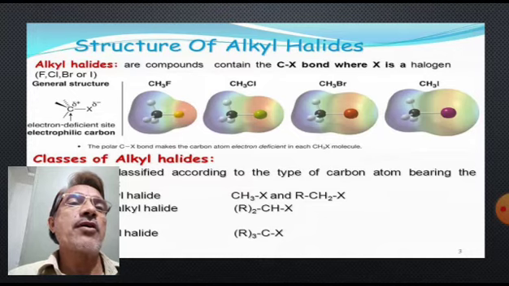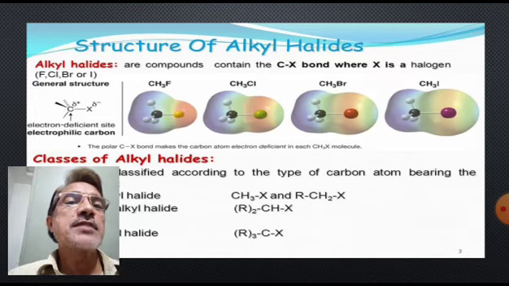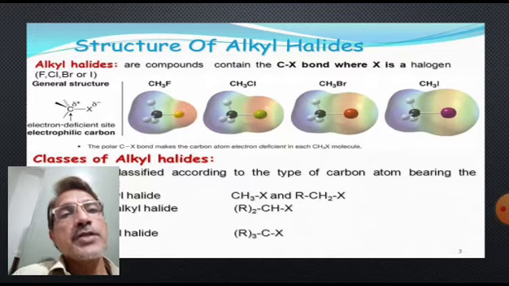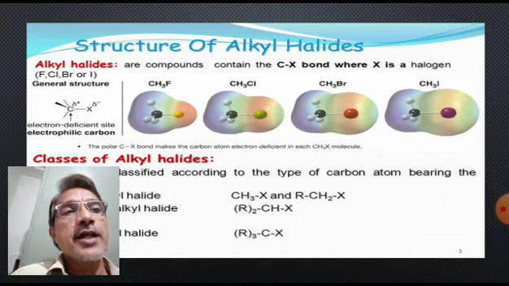Examples are given for methyl halides. CH3F is methyl fluoride. CH3Cl is methyl chloride. CH3Br is methyl bromide. CH3I is methyl iodide.